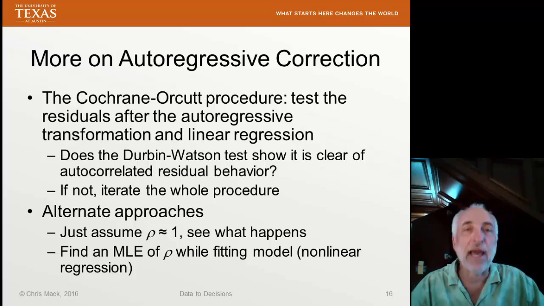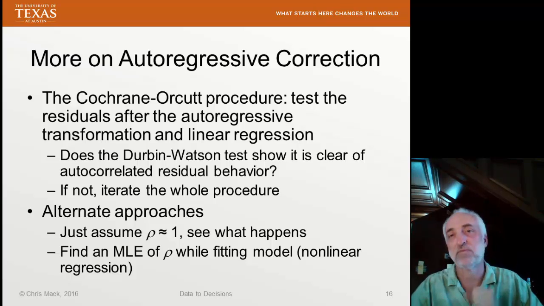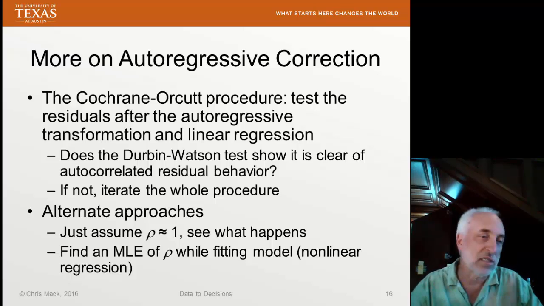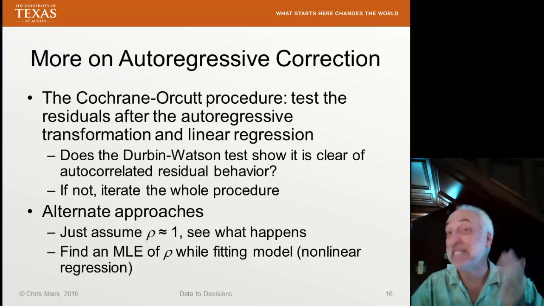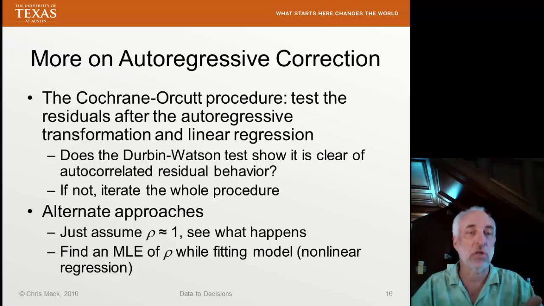All right, last thing. Suppose you go through that process. The Durbin-Watson statistic says you're autocorrelated with lag of 1. You estimate rho using the correlation coefficient. You then create a transformed model, and fit the transformed model using ordinary least squares. What do you do next? Well, you need to check to see if you really did get rid of all of the autocorrelation behavior.